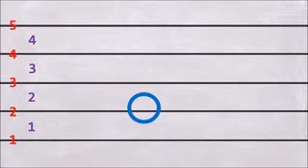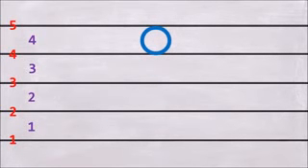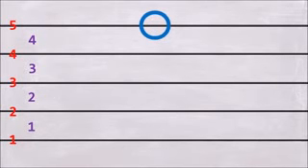Here's a note, and notice that this note is not filled in. It's an empty note. And it's in space number 1. Here's another note. Space number 4. Here's another note.